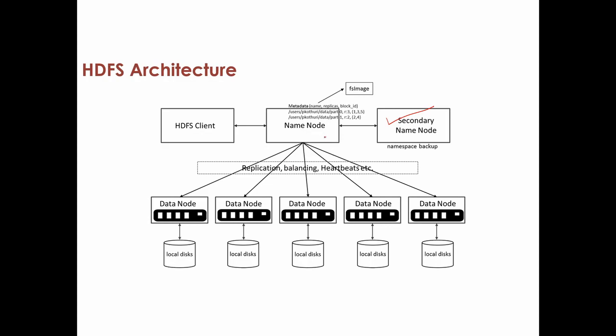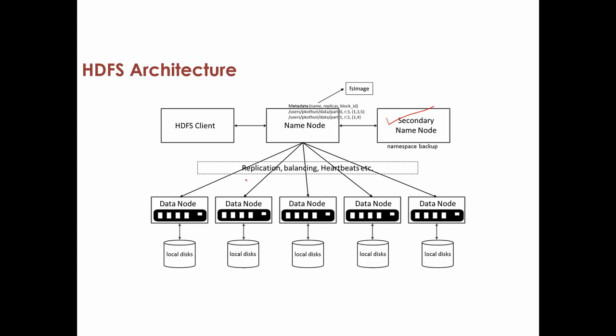In case the name node fails, the Hadoop system starts contacting the secondary name node, which also has the same metadata as the name node, so HDFS can continue operating. And in fact, once the name node server is restored, one can also restore the data back to the name node.